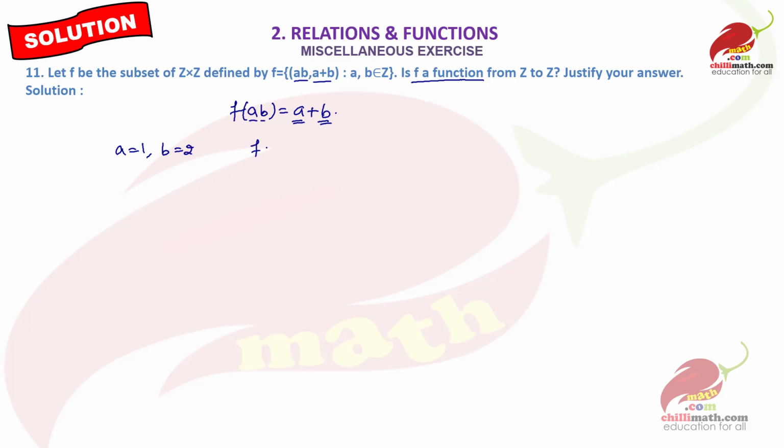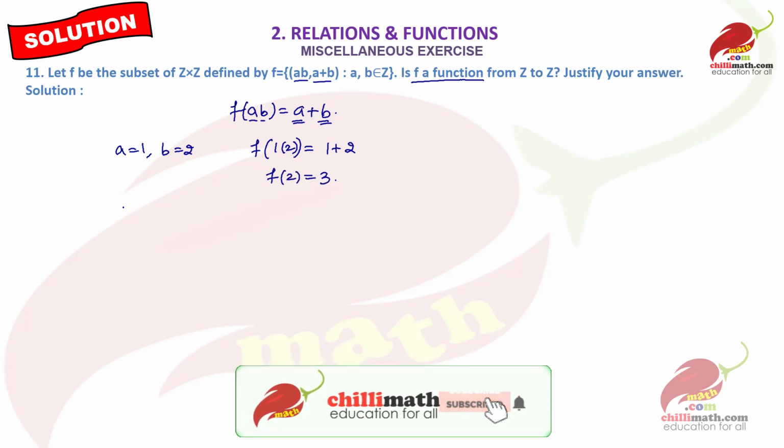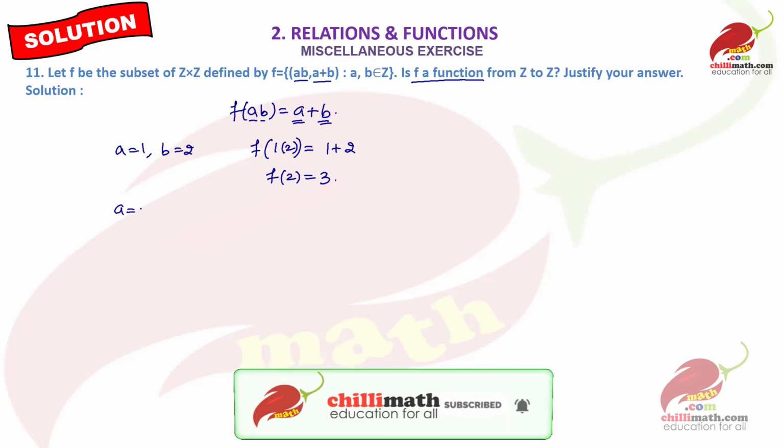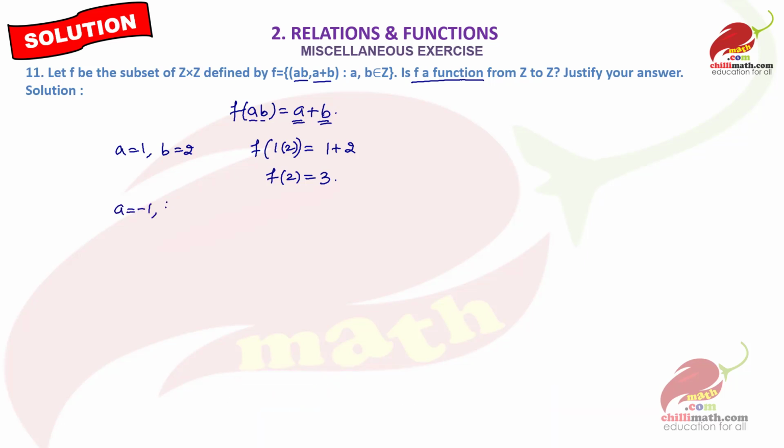So what will be F of 1 × 2? 1 + 2, that is F(2) = 3. Now let us take a = −1 and b = −2. So F of (−1) × (−2) is equal to −1 − 2, that is F(2) = −3.